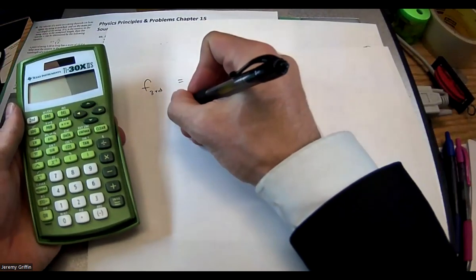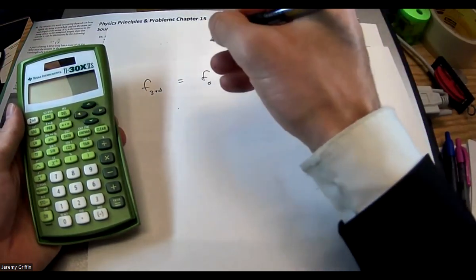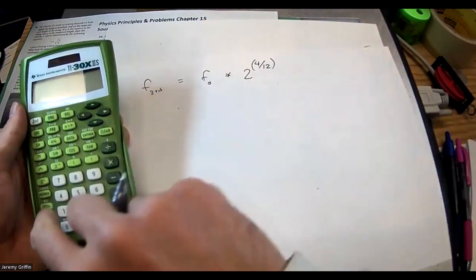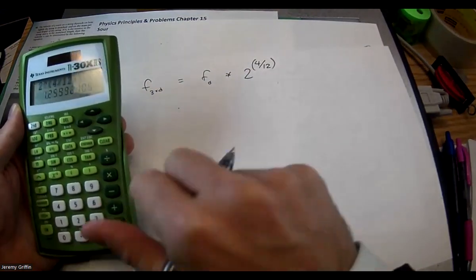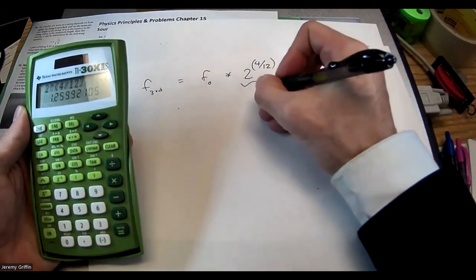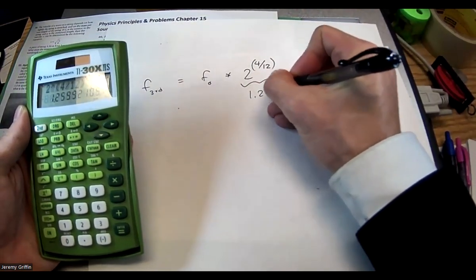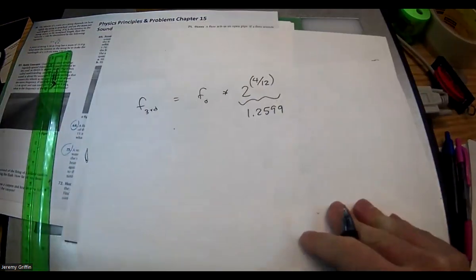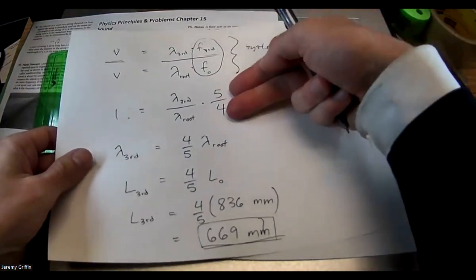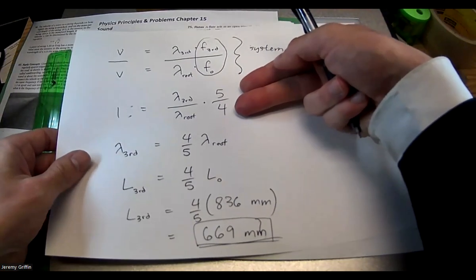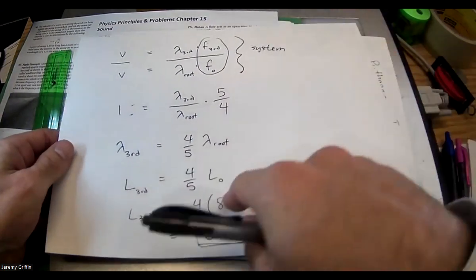So, yeah, what would this be? What's 2 to the power of 4 over 12? This bit right here is 1.2599. Now, actually, let me do kind of a shortcut here. Because remember, before it was 5 over 4, which is 1.25 exactly. I just kind of cut into that point.